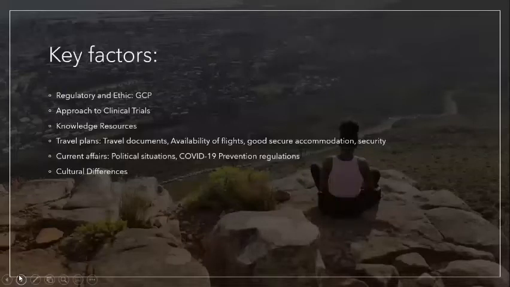The other thing you need to try and find out is their approach to clinical trials. You find different centers approach clinical trials differently, be it in the pharma view of clinical trials, where they do pharma clinical trials, or in the educational clinical trials, where a trial is being done for example as a master's project or a PhD project.